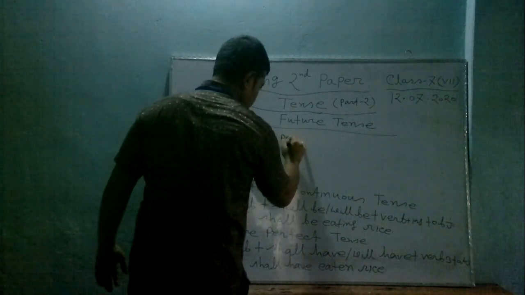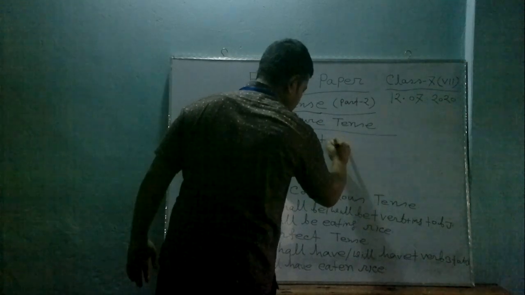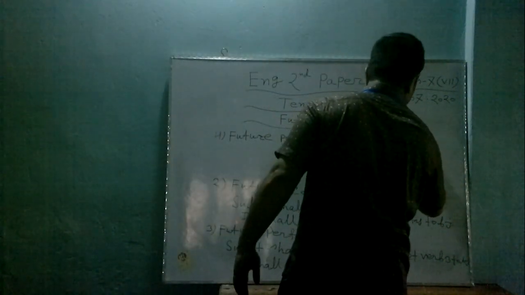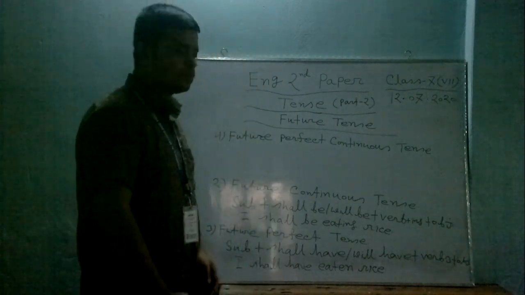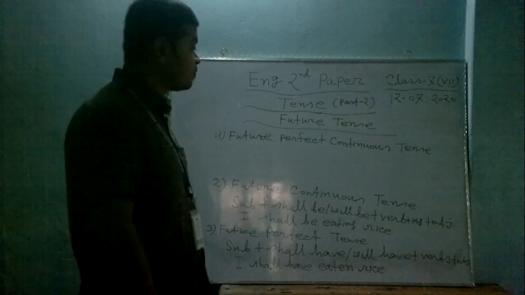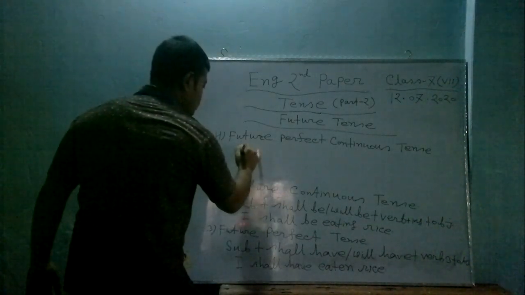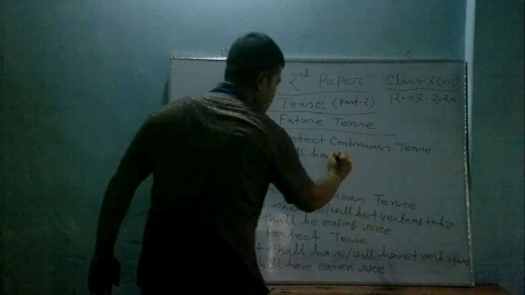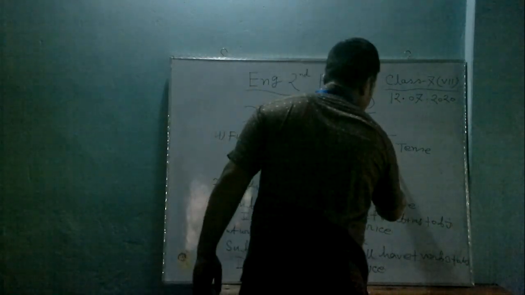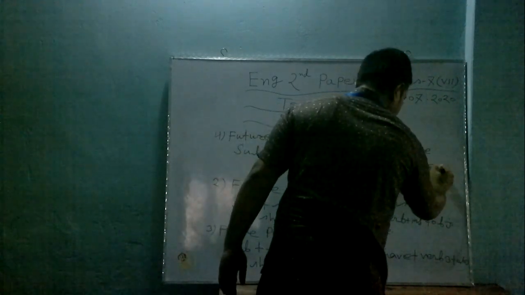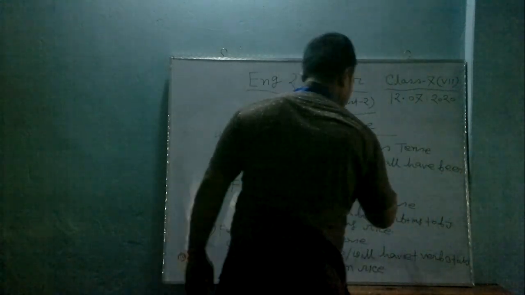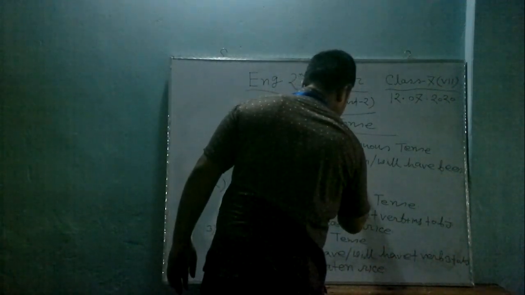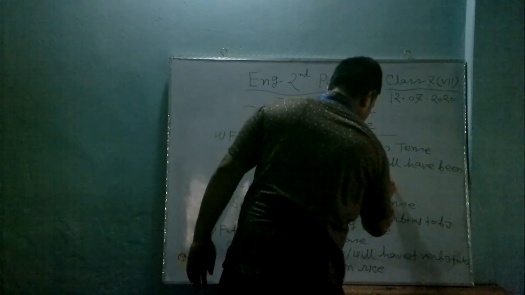If you write the structure for making a sentence in future perfect continuous tense, the structure is subject plus shall have been/will have been plus verb with adding ing plus object.